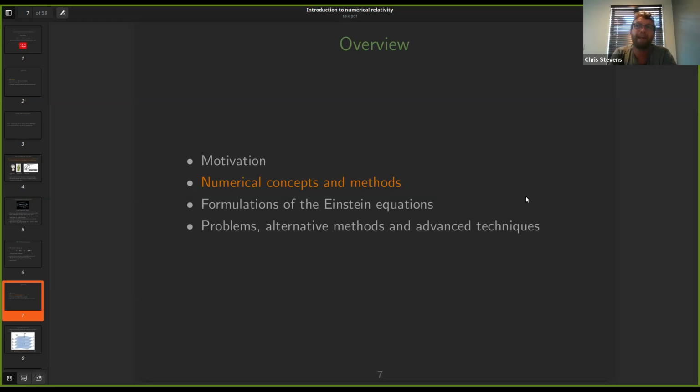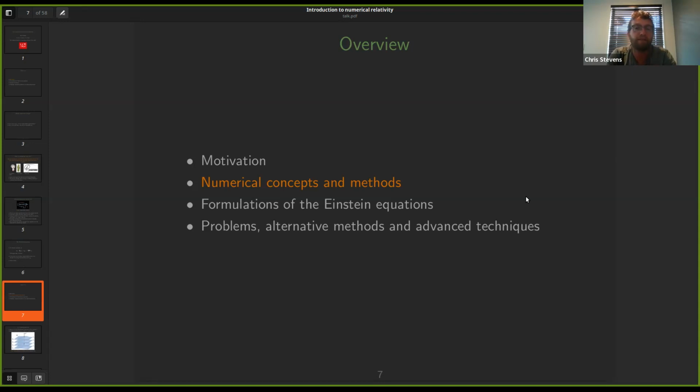So the standard methods that people use for these binary black hole evolutions and numerical cosmology and things like this are not the best system to study from a mathematical point of view, and certainly from a numerical point of view, they are not really that good.